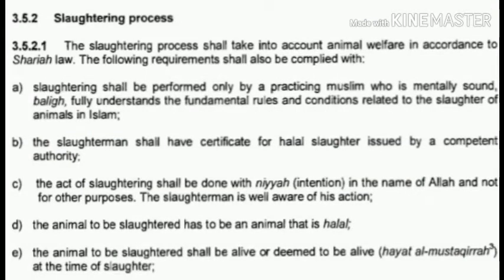Some of the requirements that must be complied with are: the slaughtering shall be performed only by a practicing Muslim; second, the slaughterman shall have a certificate for halal slaughter issued by a competent authority; and third, the animal to be slaughtered has to be an animal that is halal to eat.